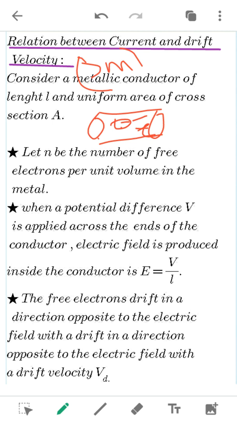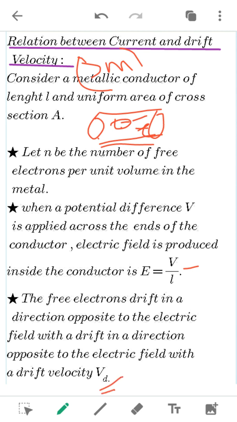Now let us consider V as the potential difference across the ends of the conductor, and the electric field across this conductor is given by the ratio of the potential difference to the length of the conductor. So the free electrons drift in the direction opposite to the electric field, with the drift velocity Vd.